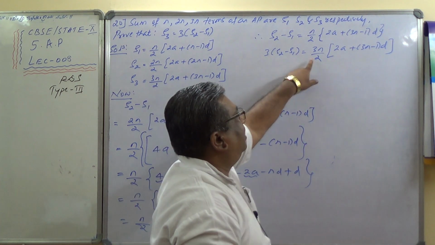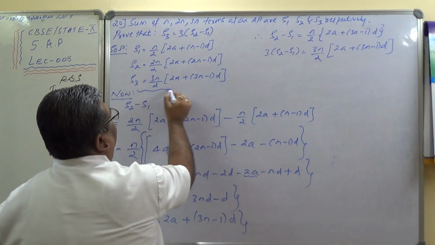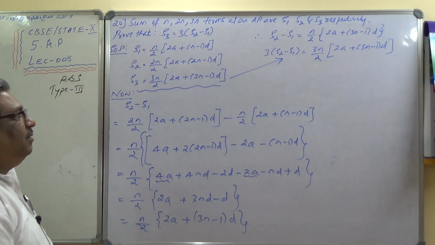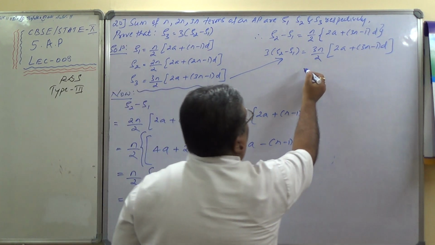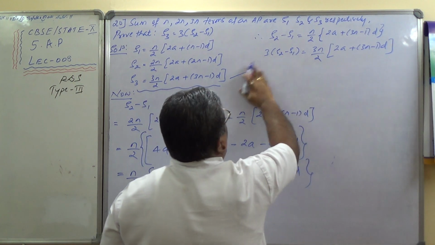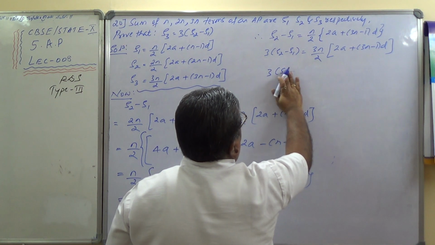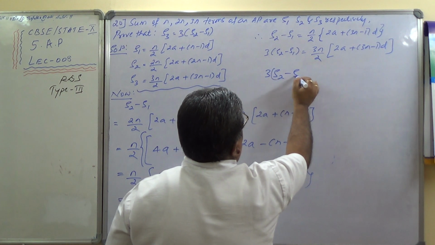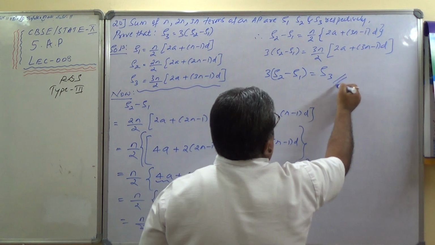What is this? 3n by 2 times (2a plus (3n minus 1)d). Check this one. Correct, no? 3n by 2 times (2a plus (3n minus 1)d) is equal to S3. Therefore, I write finally 3 times (S2 minus S1) equals S3. Hence proved.